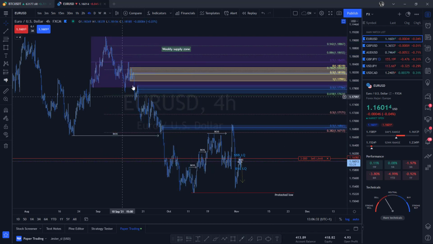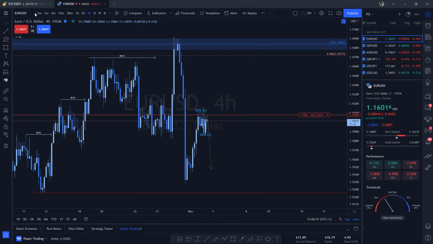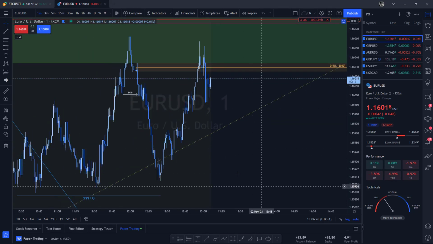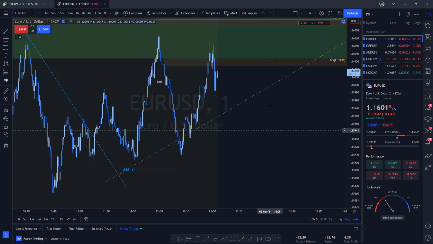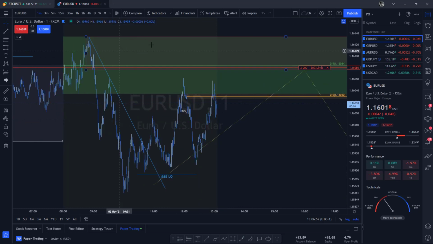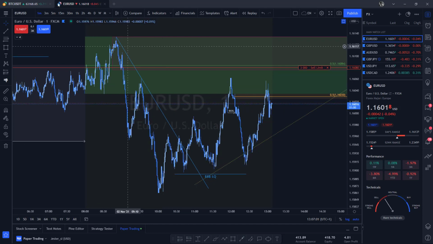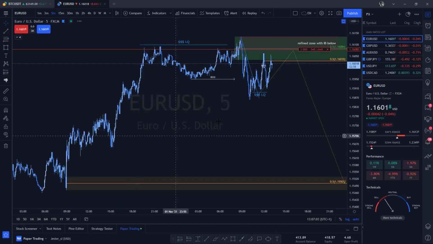I put the volume from the swing high to the swing low, and it could be applied to all time frames. Even if you go to the 1 minute, let's do it on the 5 minute.